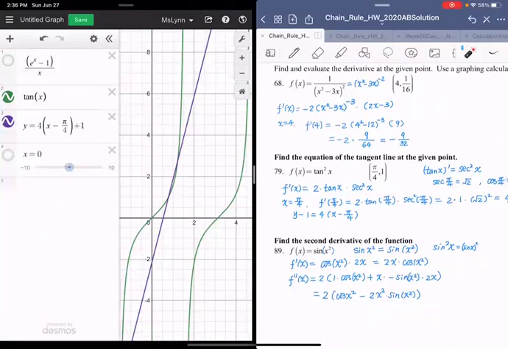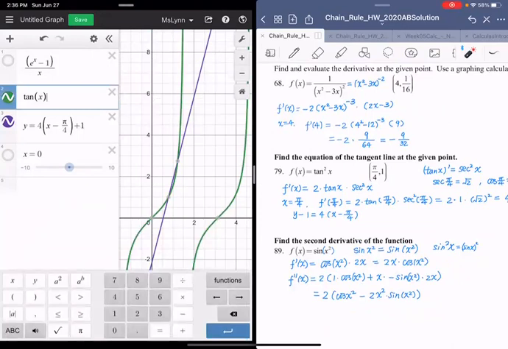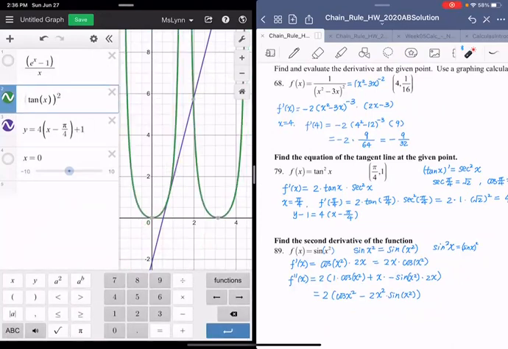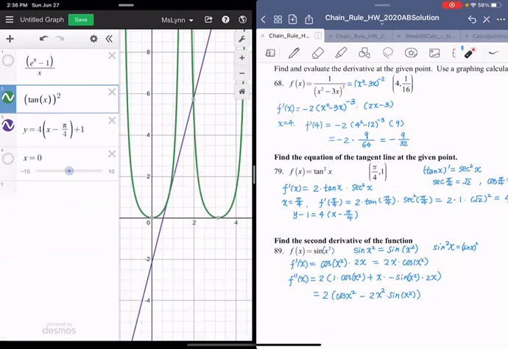Hold on, what's going on here? Oh, we drew the wrong function. I need to put this one in. So you see here, it's a tangent point, right? Yes, correct.